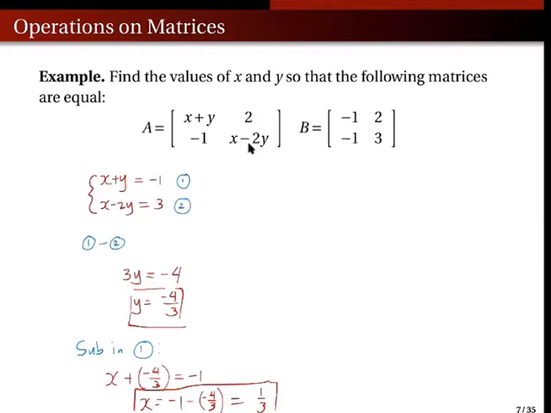So 1/3 plus 8 over 3, that's 9 over 3, and that's equal to positive 3. Okay? So question so far. So again, the main point here, two matrices are equal if entry-wise are equal.